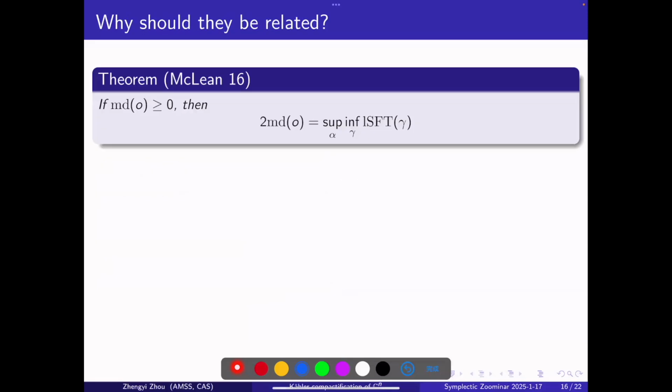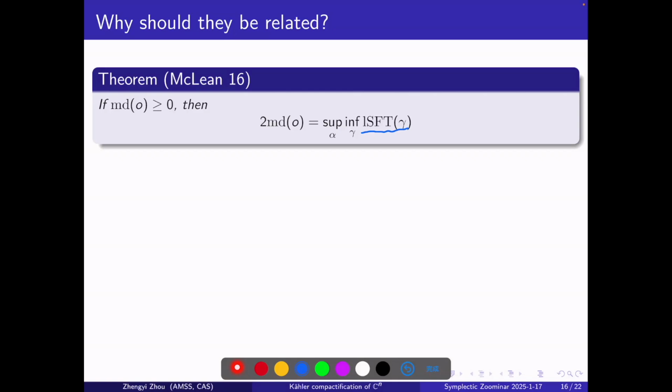Next, let me explain why such a thing should be true. First of all, the theorem we prove is not new. There's an older result due to McLean, which relates the minimal discrepancy and the Reeb dynamics on the boundary. It is for general isolated cDV-type singularities and says the following: if MD is bigger than or equal to 0, then twice MD is given by taking the infimum of the lower SFT degree, and then the supremum over all contact forms.